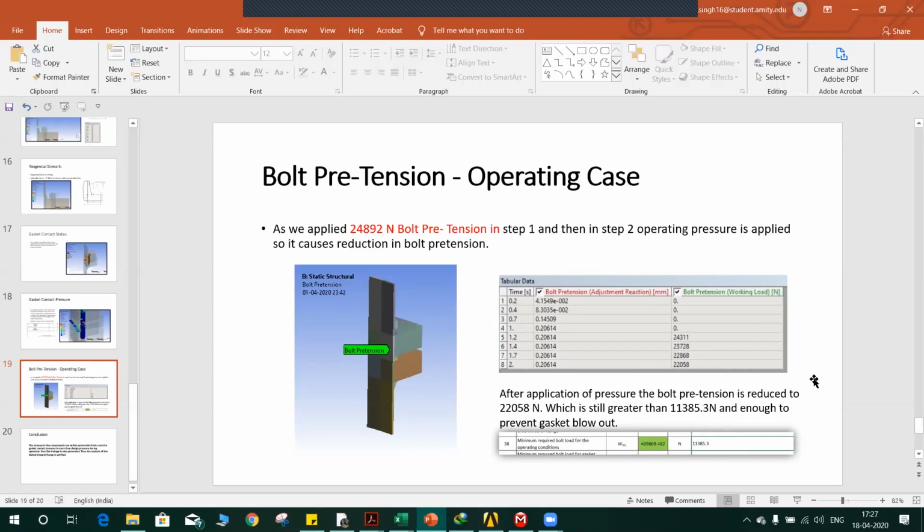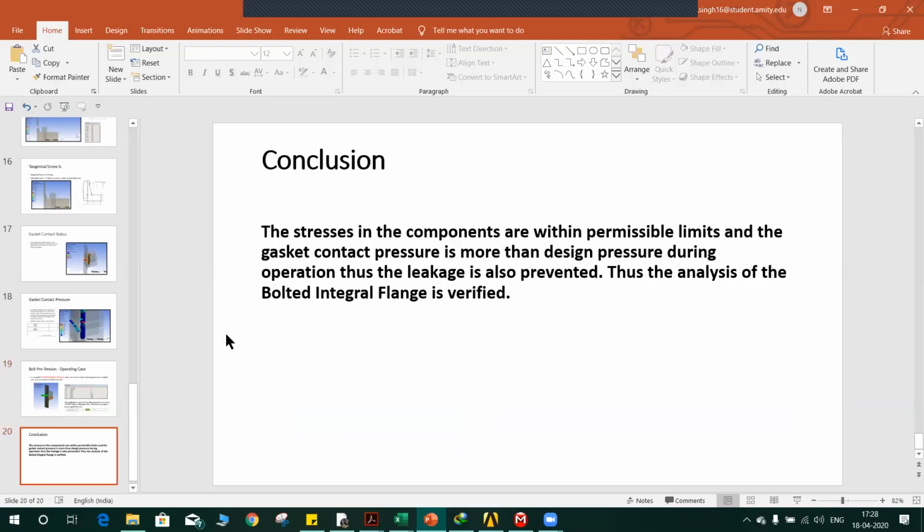So my bolts are well able to keep a compression load on the gasket to prevent any leakage. Concluding, the stresses in the components are within permissible limits, the gasket contact pressure is more than the design pressure during operation, and thus leakage is prevented. So this was the analysis of the bolted flange joint.